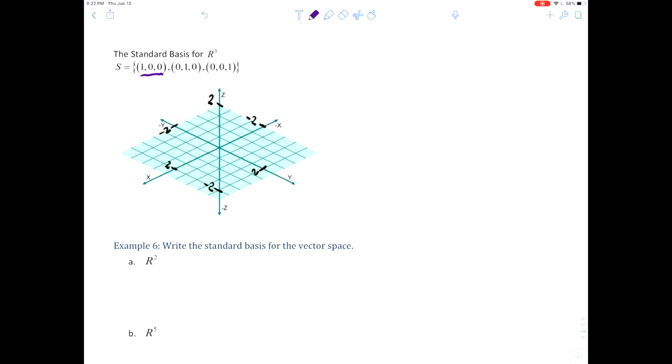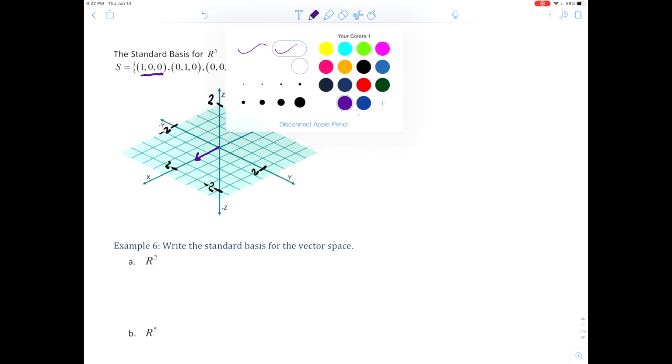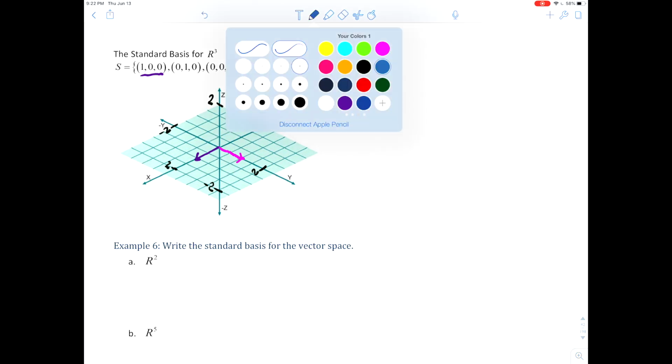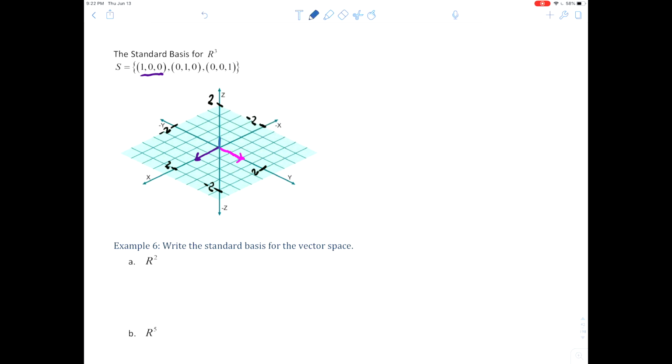All right, so just redrawing this really quick. Remember that this was the first vector, 1, 0, 0. And then here we've got 0, 1, 0. And up here we've got 0, 0, 1. It turns out that that is the standard basis for R3.